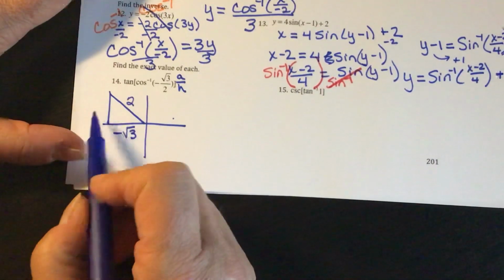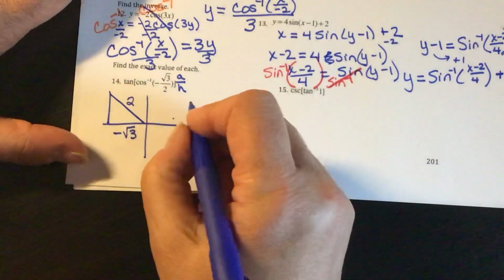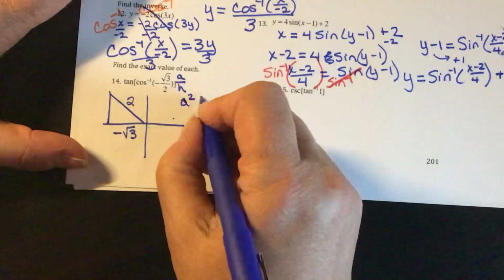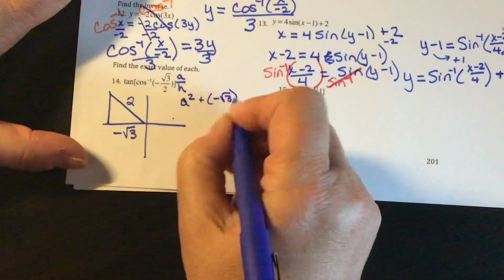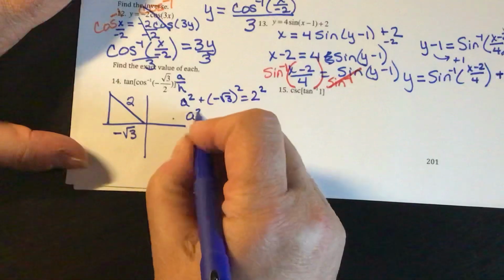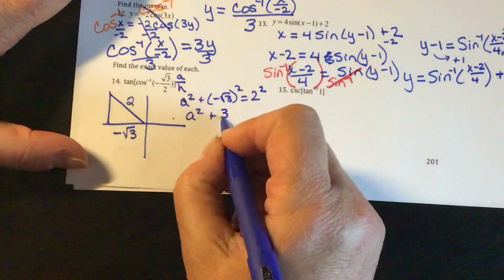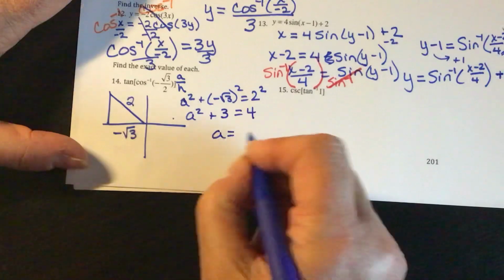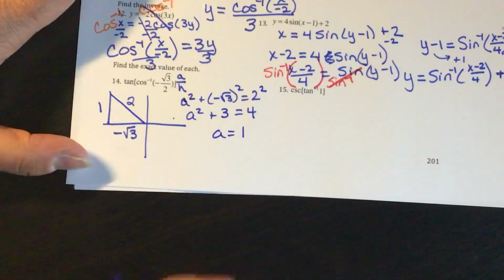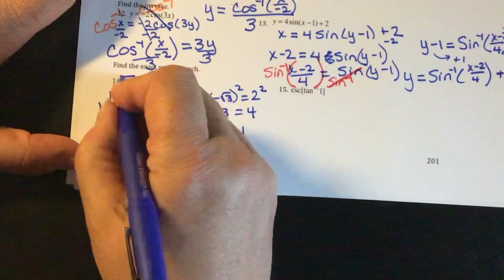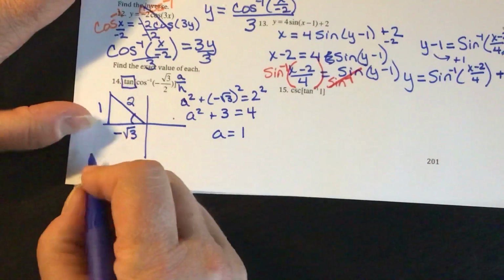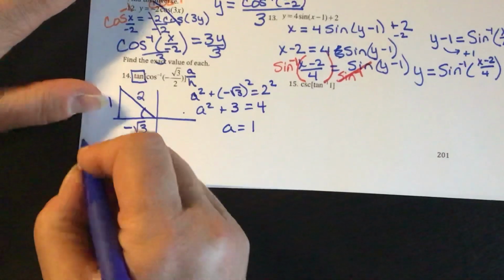And to find this side, I need to use the Pythagorean theorem. So I have a squared plus negative square root of 3 squared equals 2 squared. So a squared plus 3 equals 4, so a is 1. 1, 2, square root of 3. Now for this angle, I want to know the tangent. And I had to find this side because tangent is opposite over adjacent.